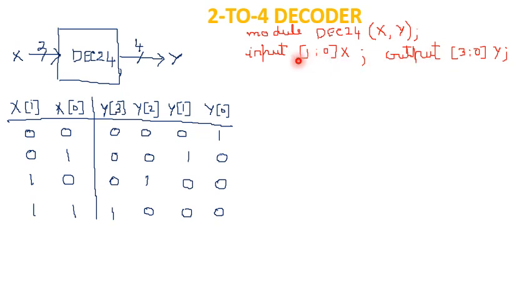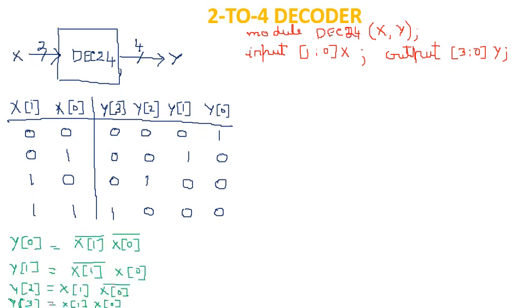When you write such a notation, the first number corresponds to the most significant bit index, and the next number corresponds to the least significant index. So here y3 will be the most significant bit and y0 will be the least significant bit.